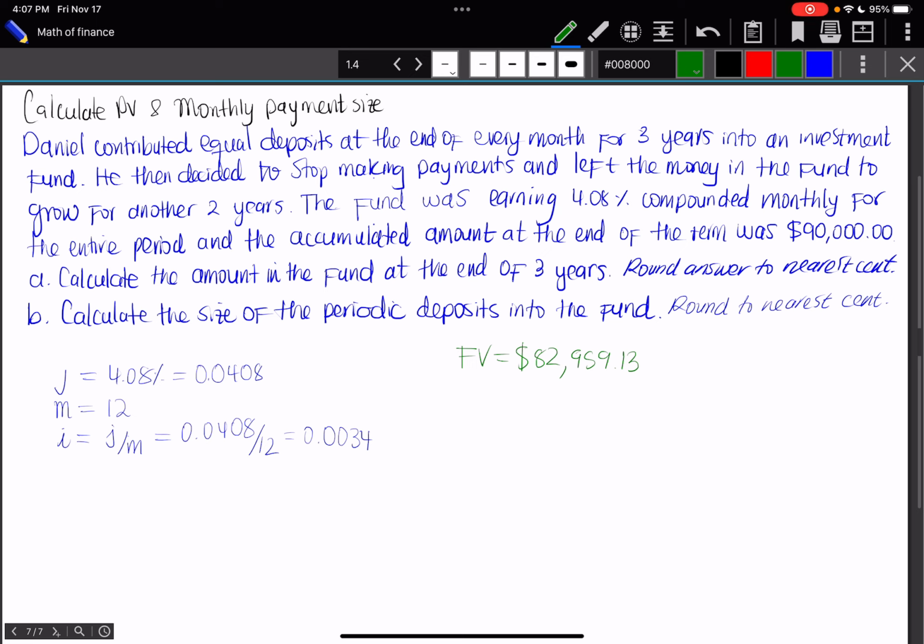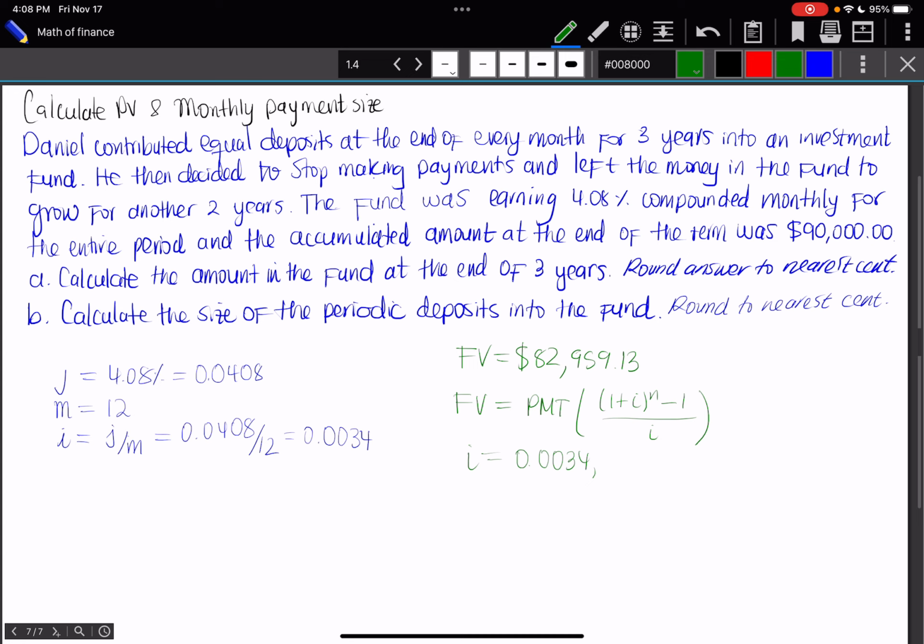And for a simple annuity, like the one that we have, the formula for future value is PMT times ((1 + i)^n minus 1) over i, where PMT is the size of the periodic deposits into the fund, i is the periodic interest rate, so we have 0.0034, and n is the total number of payments that are made.